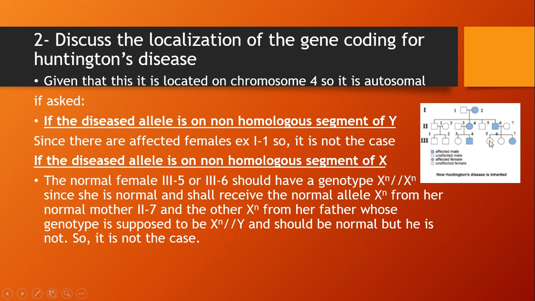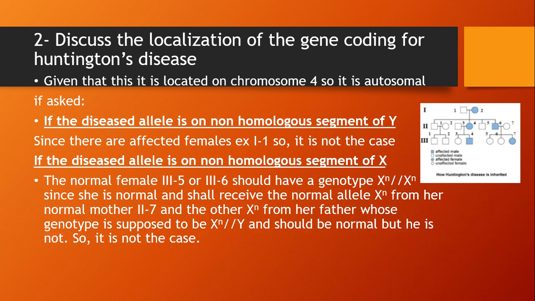If we're talking about 3, 5, since she is normal, her genotype is supposed to be X small n, X small n, and she's supposed to inherit X small n from her father and X small n from her mother. The mother is normal and she can definitely give the X small n to her daughters. However, the father seems to be phenotypically affected and his genotype is supposed to be X capital D, Y. So in this case, he doesn't have the X small n to give his daughters, and this proves that it is not the case.